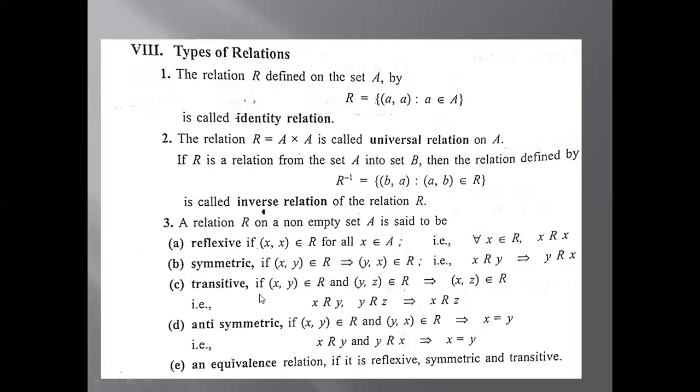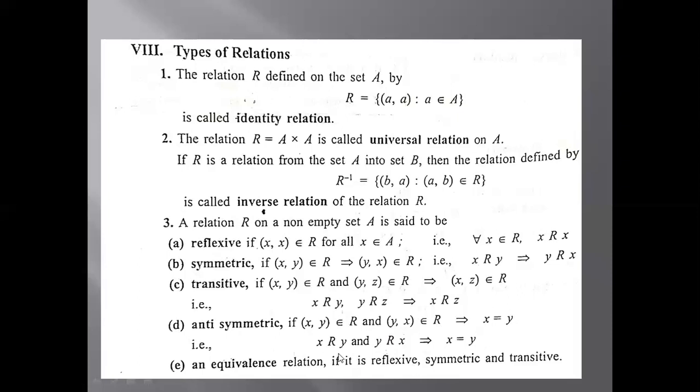Transitive. If (x, y) belongs to R and (y, z) belongs to R implies that (x, z) also belongs to R. That is, x is related to y and y is related to z implies that x is related to z. Next, antisymmetric. If (x, y) belongs to R and (y, x) belongs to R implies that x is equal to y.